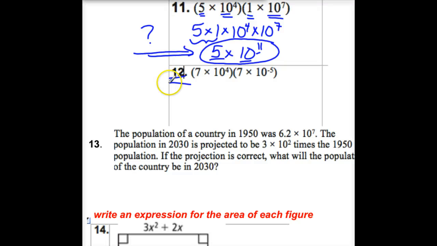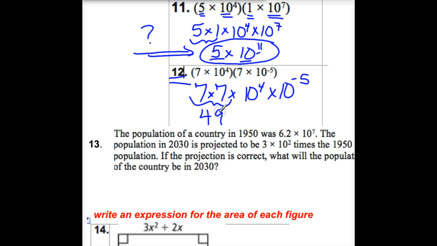So let's go take a look at number 12. We're going to pull those coefficients out front. We're going to take those powers of 10 and put them on the back. Make sure you multiply those first, and then we add our exponents. Next, you have to decide if it's a proper scientific notation. So this is not a number between 1 and 10. Well, if it says to put it in scientific notation, you got to tweak it. You've got to take that decimal, move it back 1.